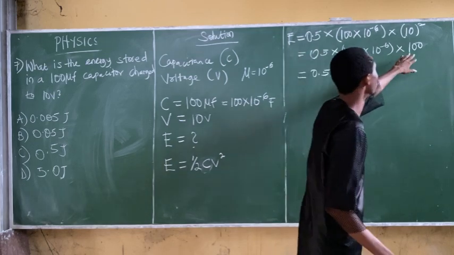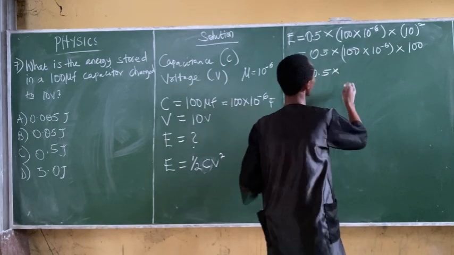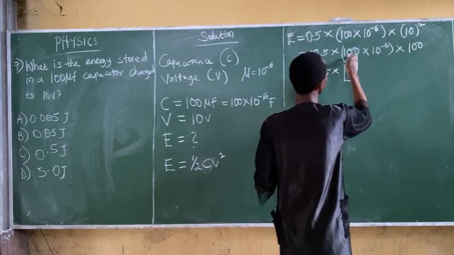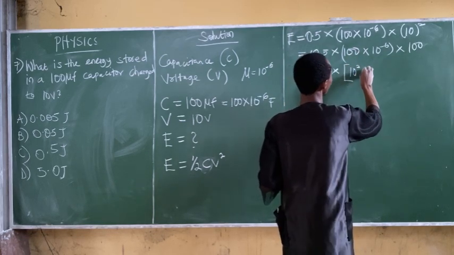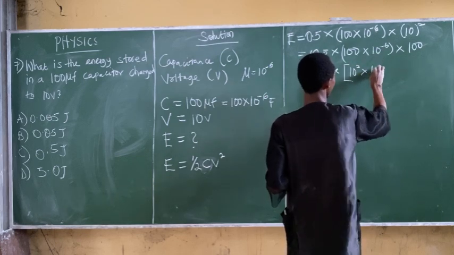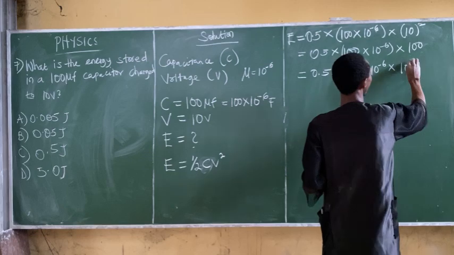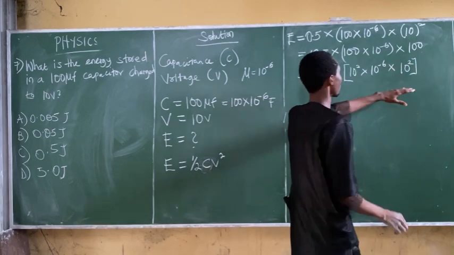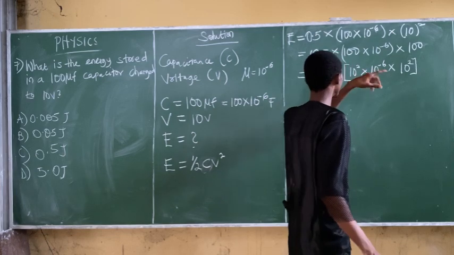Now let's simplify this. If we convert this to standard form, this is 10 raised to the power 2 times 10 raised to the power minus 6 times 10 raised to the power 2. This is from standard form.